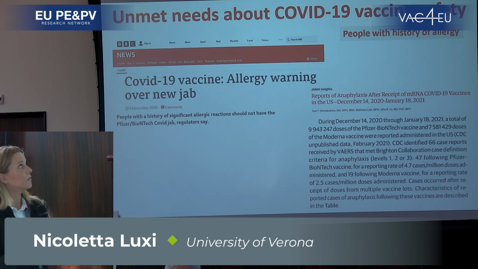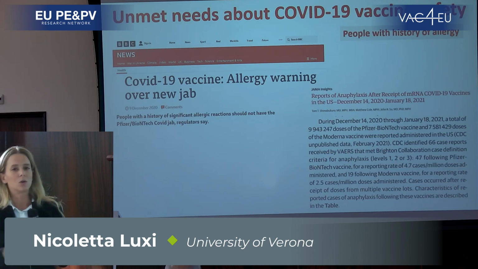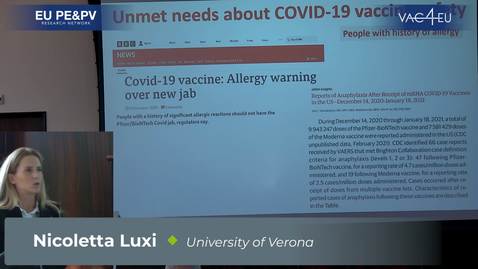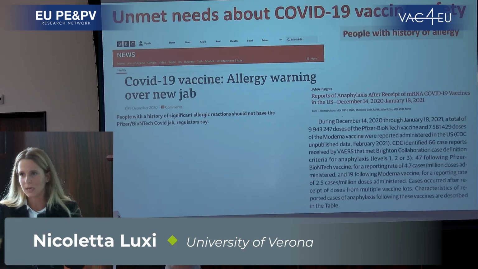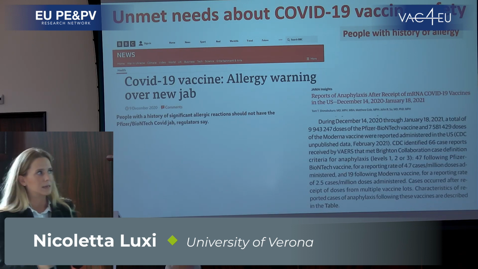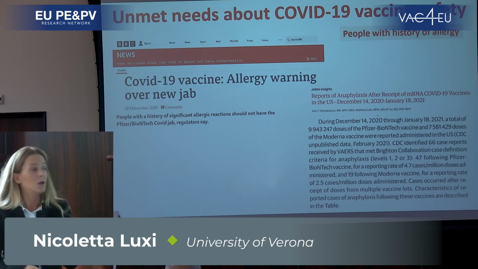For example, for people with history of allergy, the question was, do allergic people have a higher risk of having a severe allergic reaction? Can the type of allergy have an impact on this? So spontaneous reporting studies were conducted initially, meaning that we didn't have any incidence rate on this.